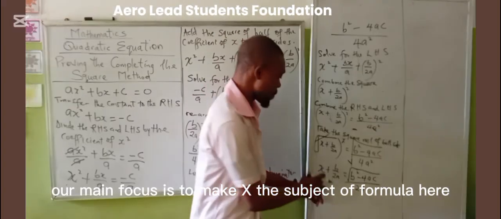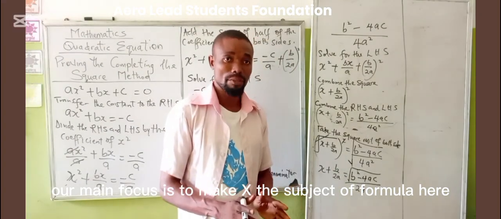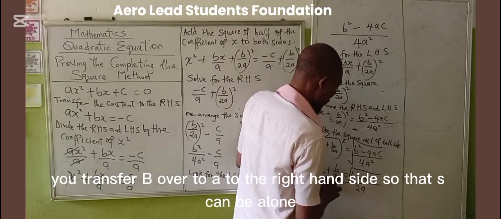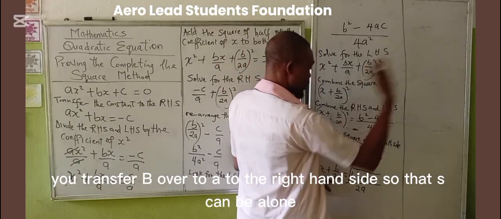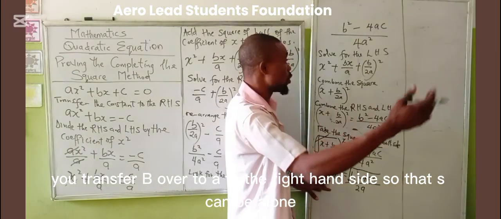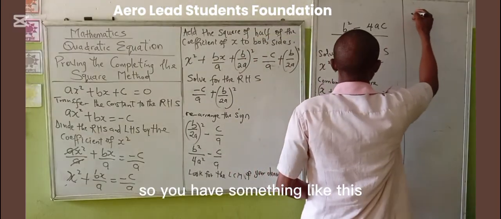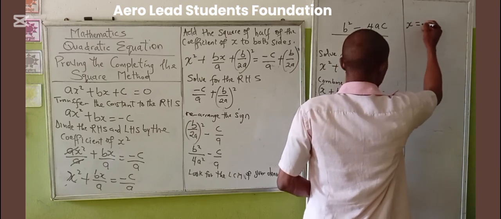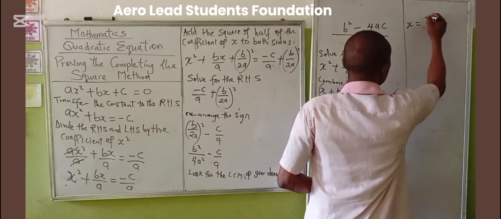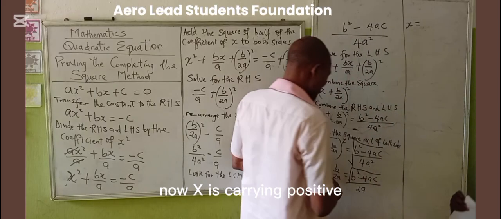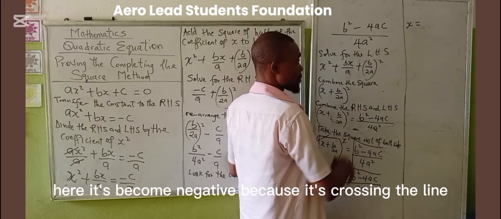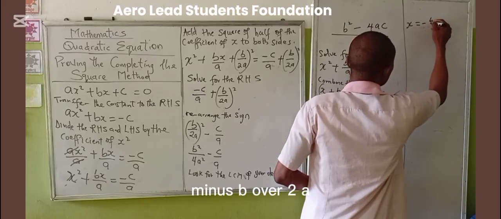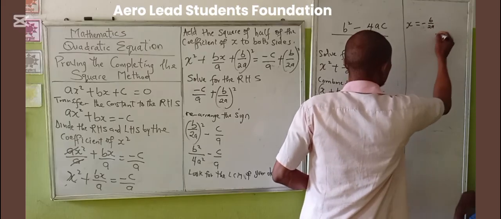Our main focus is to make x the subject of formula here, because x is our focus. So what you do, you transfer b over 2a to the right hand side so that x can be alone. So you have something like this. X equals, now x is carrying positive here, it will become negative because it's crossing the line, minus b over 2a.